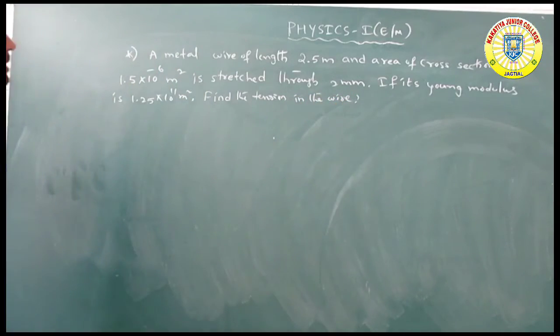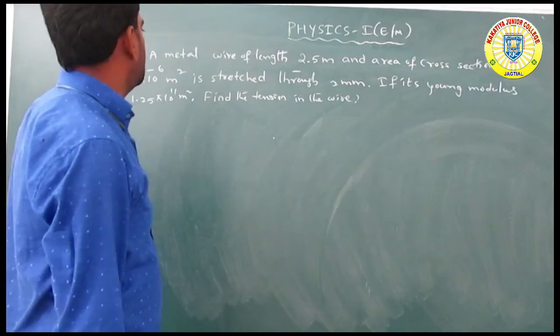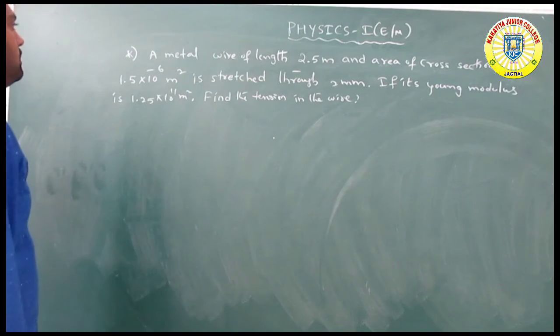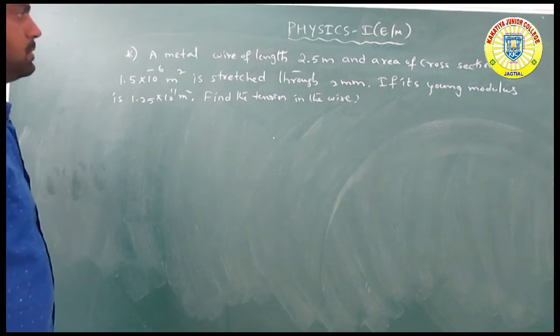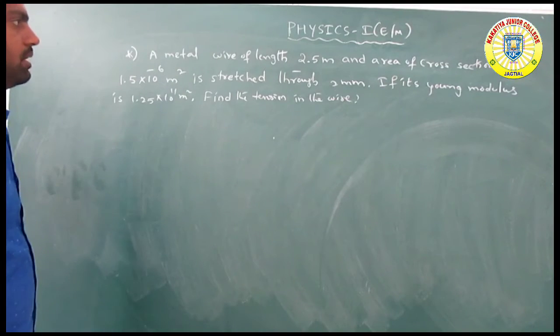So the metal wire of length 2.5 meters and area of cross section 1.5 × 10^-6 meters squared is stretched through 2 millimeters. Mm means millimeter. Its Young modulus is 1.25 × 10^11 Newton per meter squared. Find the tension in the wire. Tension is also force.